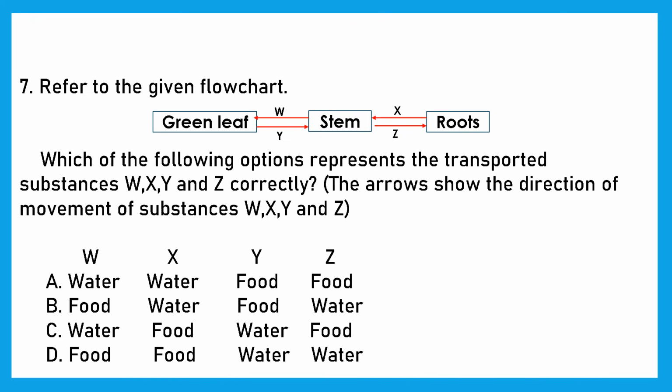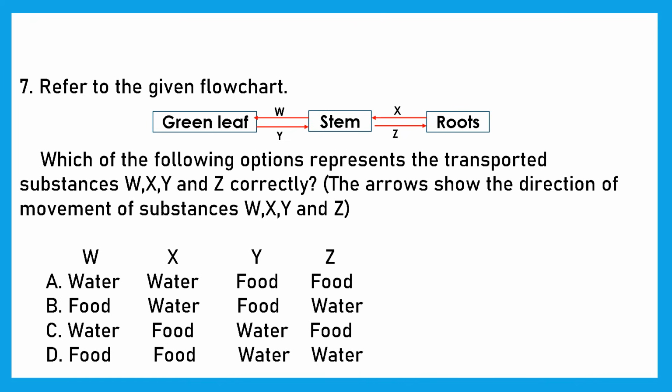Which of the following options represents the transported substances W, X, Y and Z correctly? Now let's see. Can you understand what goes from green leaf to stem and then to roots? What is the function of a leaf? The function of a leaf in a plant is to prepare food. So definitely food must be going from leaf to stem and then from stem to root.